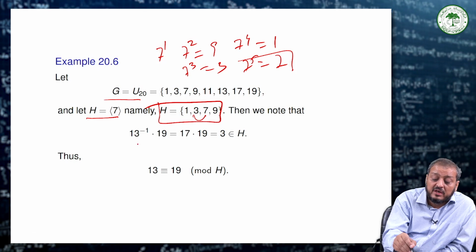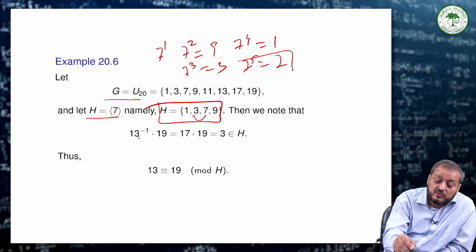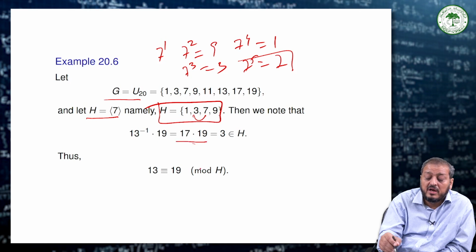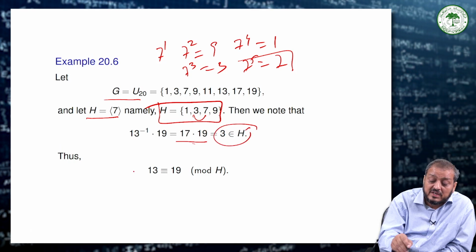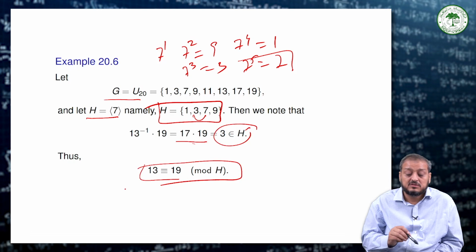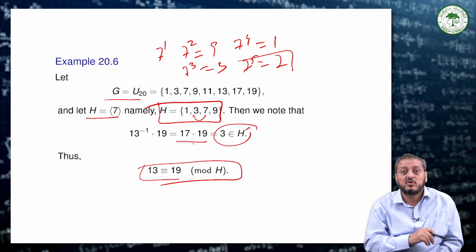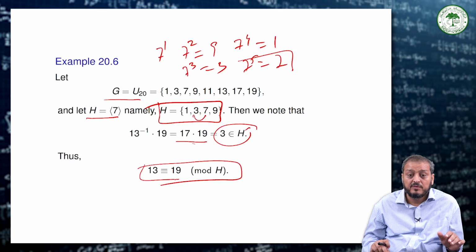Now we take 13 inverse times 19. The inverse of 13 is 17, so 17 times 19 gives 3, and 3 is an element of H. That means we can say that 13 and 19 are congruent mod H.